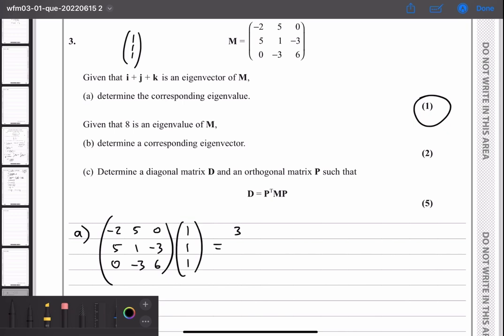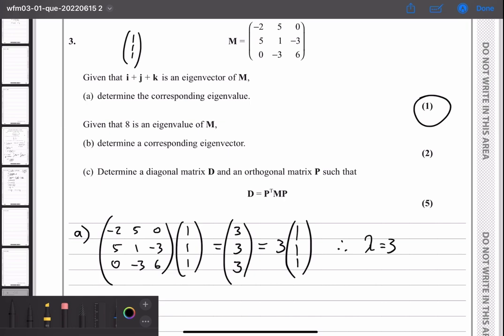And if I was really confident that is all the work I need to do, the answer should be a 3, but let's just check. 5 plus 1 is 6, minus 3 is 3, and 0 minus 3 plus 6 is also 3, yes. So that is 3 lots of 1, 1, 1, therefore the eigenvalue is 3.